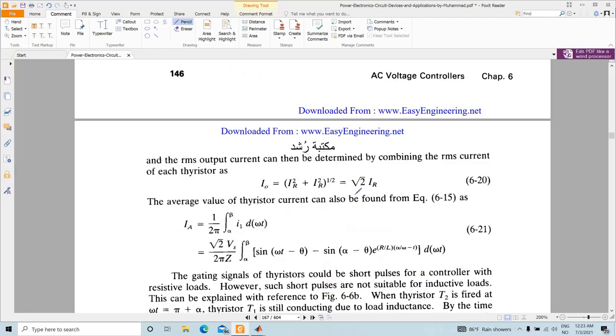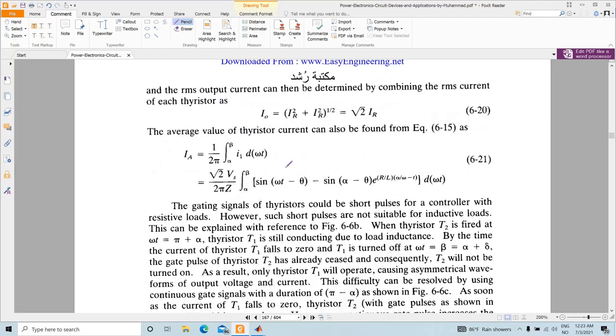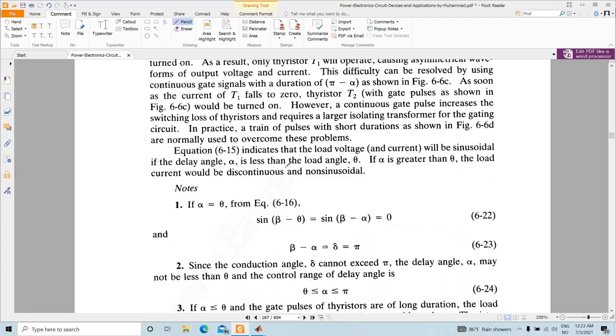Okay, so once you know the RMS current of one of the thyristors, you can calculate the output RMS load current, and in the same way you can calculate the average thyristor current as well.